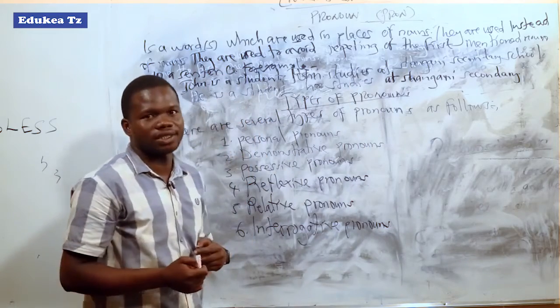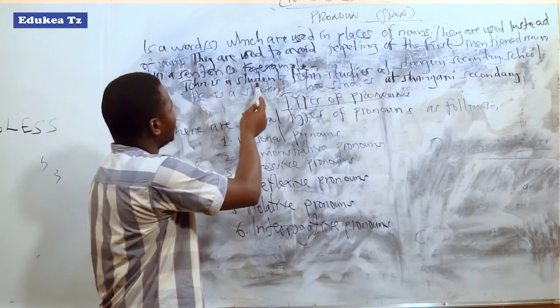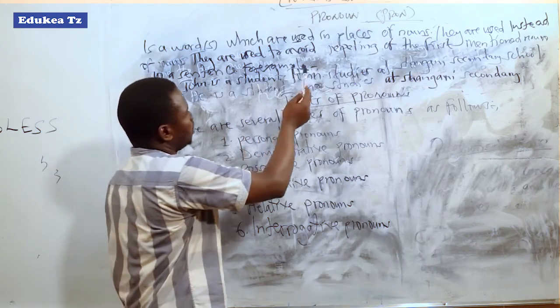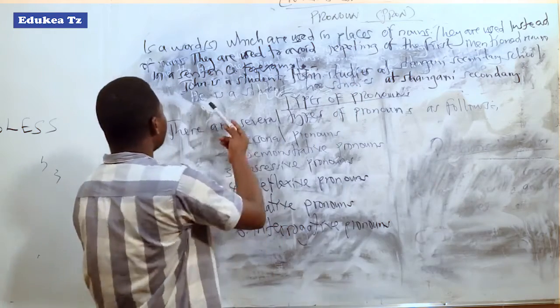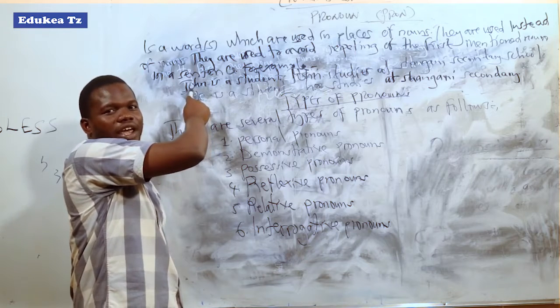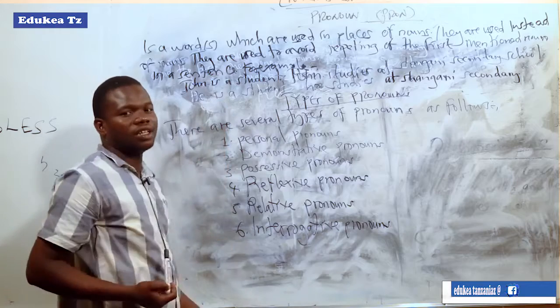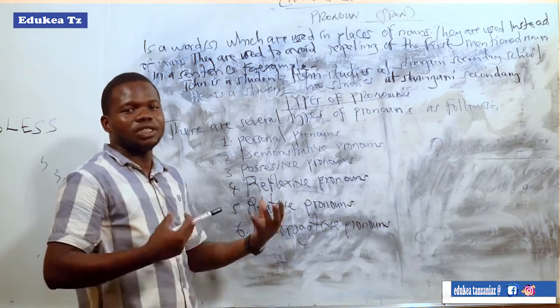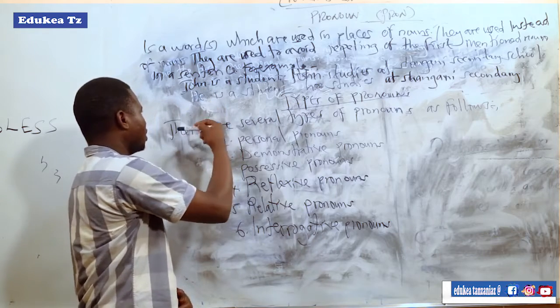For example, John is a student. John studies at Shangani Secondary School. So instead of using the naming word John, we may use a pronoun, that is, a substitute for the noun, the pronoun he.